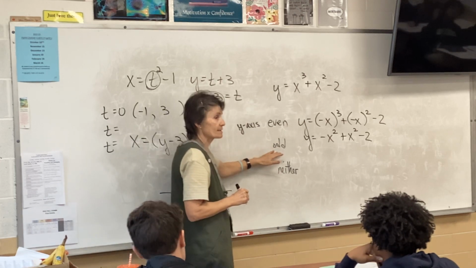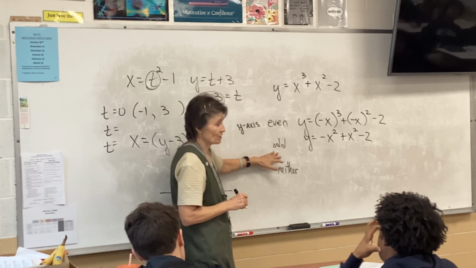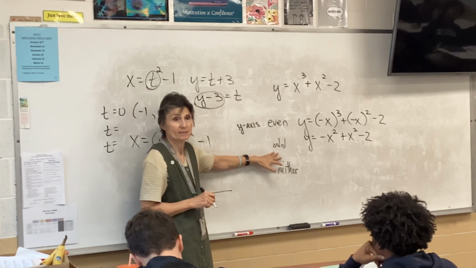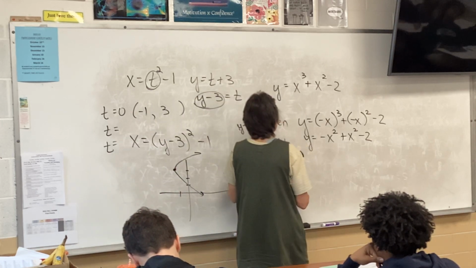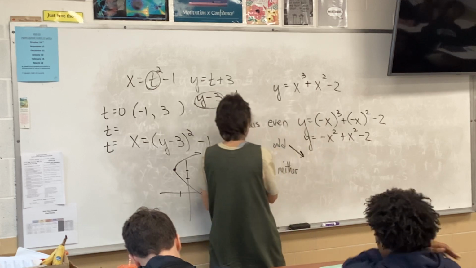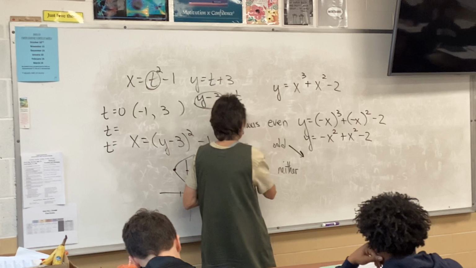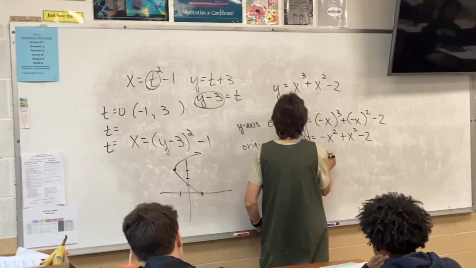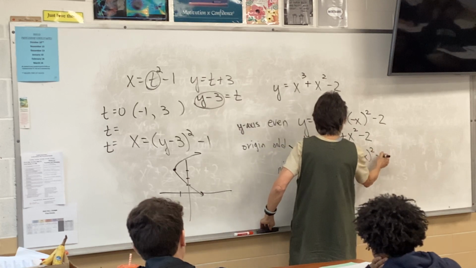All right, what does odd mean? Symmetric about the origin, which means if you change the sign on x, you also change the sign on y. So let's see if it has that symmetry. Change the sign on both. Oh wait, this is supposed to say origin. I'm going to change the sign on both. So I get negative y equals negative x cubed plus x squared minus 2.